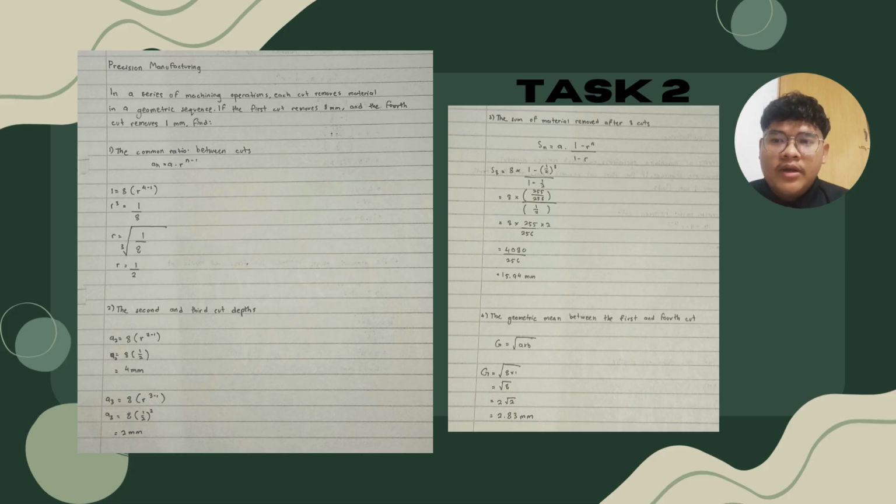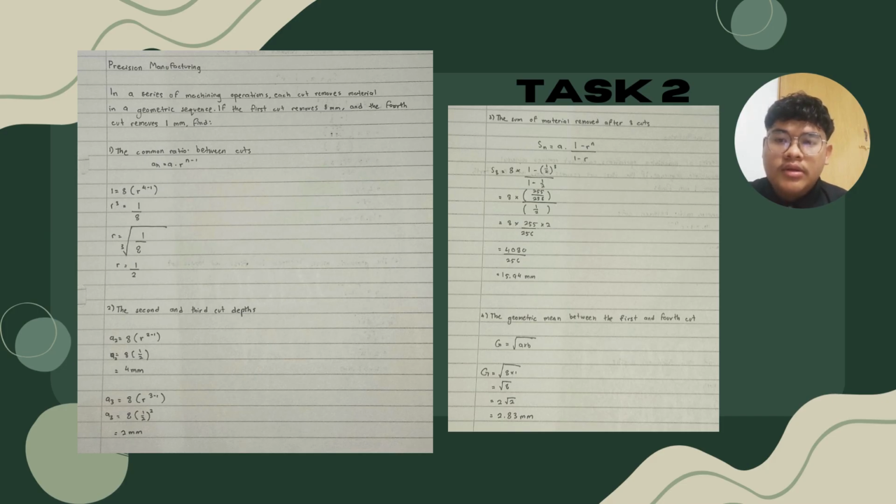After we simplify that, we get R equals 1 over 2. So the common ratio is 1 over 2. Using the same formula, we calculate the second cut. A2 equals A times R, which means 8 times 1 over 2, where we get 4 mm. And for the third cut, we will get 2 mm.